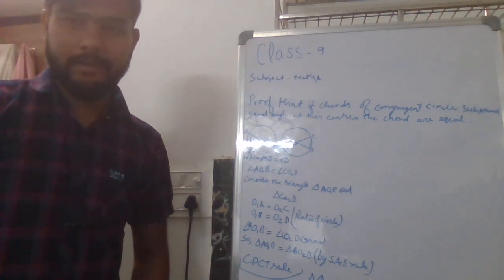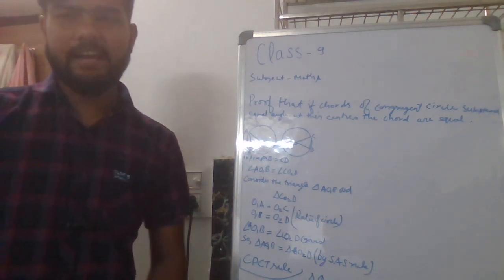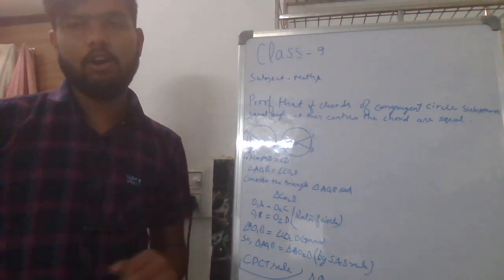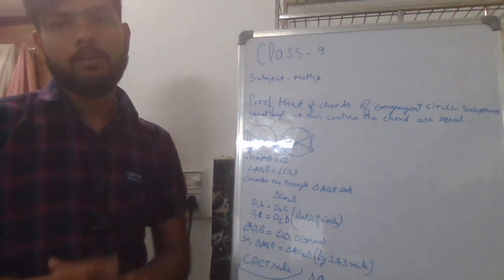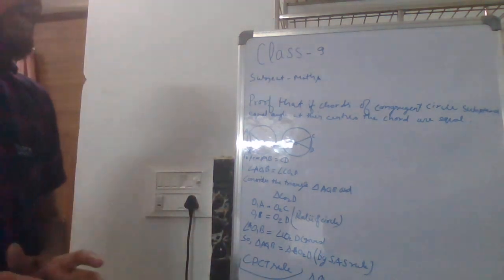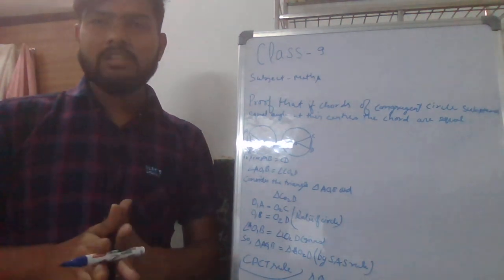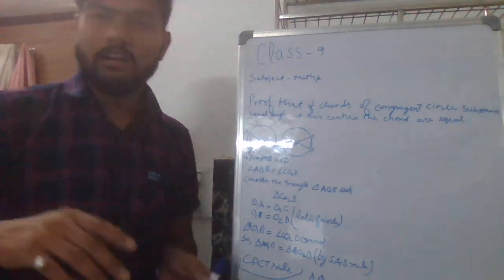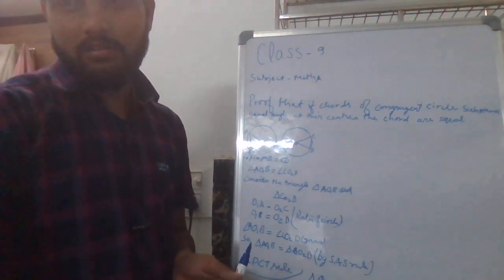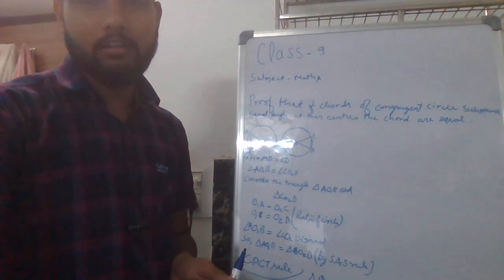You have to tell me which one is correct, or both are correct, or none of the above. So read the question carefully. Okay, so we can see that both will be true. Both statements are correct.